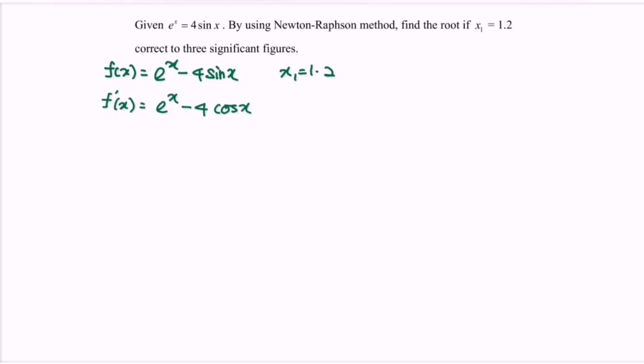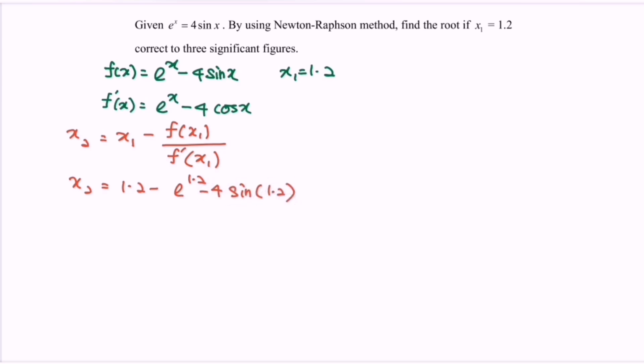So kindly substitute into the formula where we have x2 equals x1 minus f(x1) over f'(x1). So x2 is equal to 1.2 minus e^1.2 minus 4 sin(1.2 radian) over e^1.2 minus 4 cos(1.2 radian).